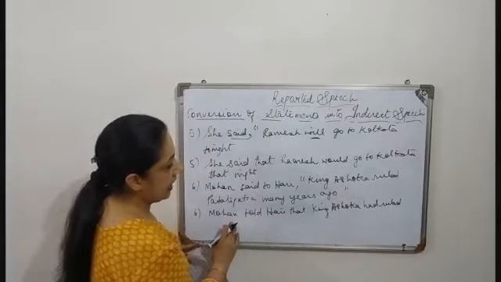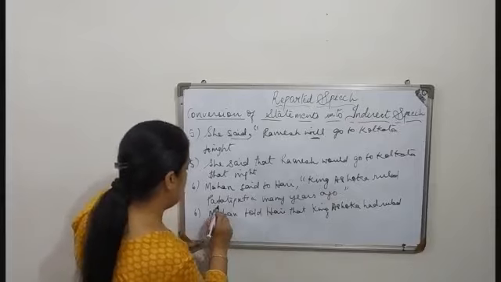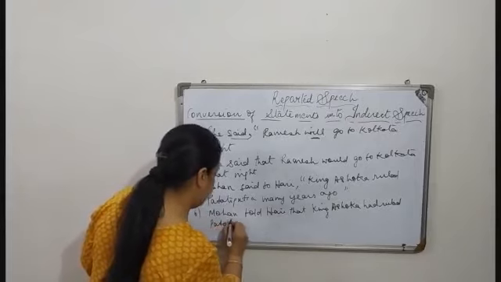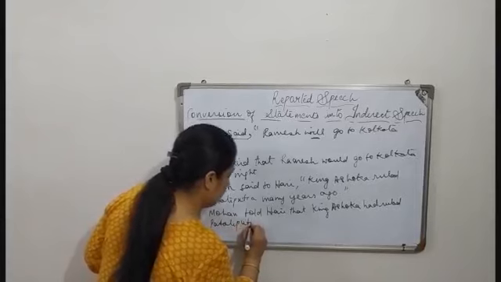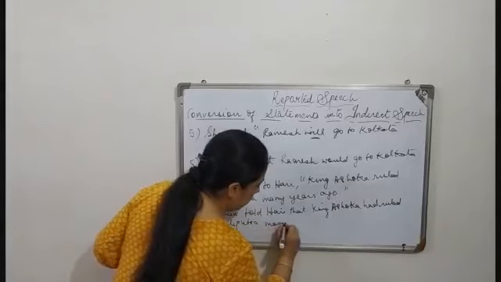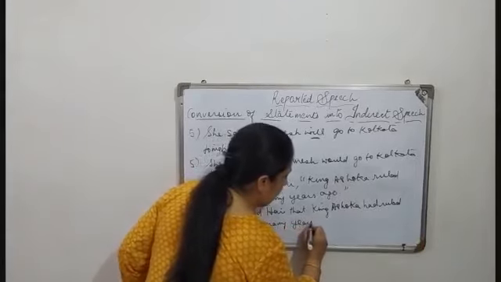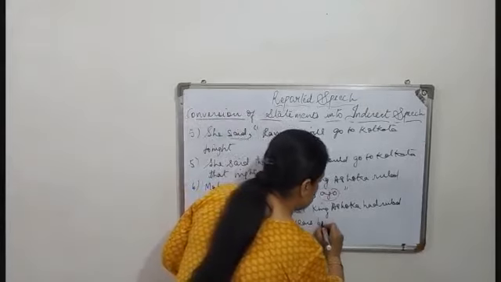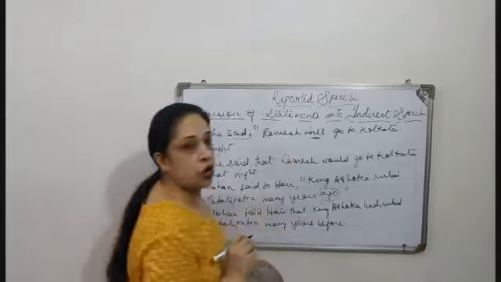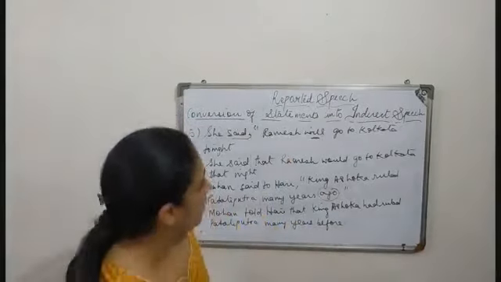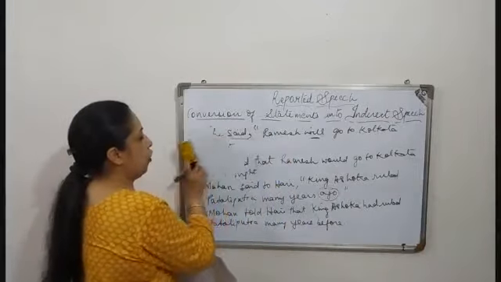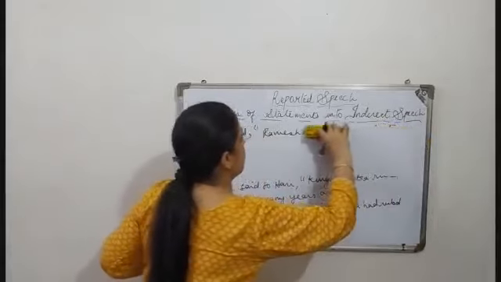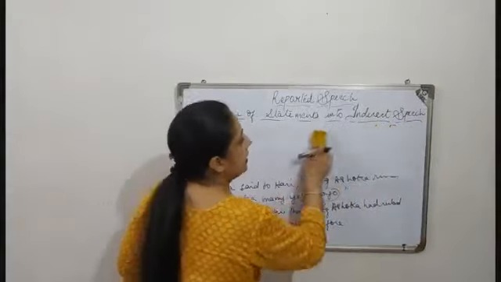Mohan told Hari that King Ashoka had ruled Patliputra many years, and as I had already told, this ago changes to before. Many years before. Full stop. No inverted comma. Alright, let's move on to the seventh sentence without wasting any time.